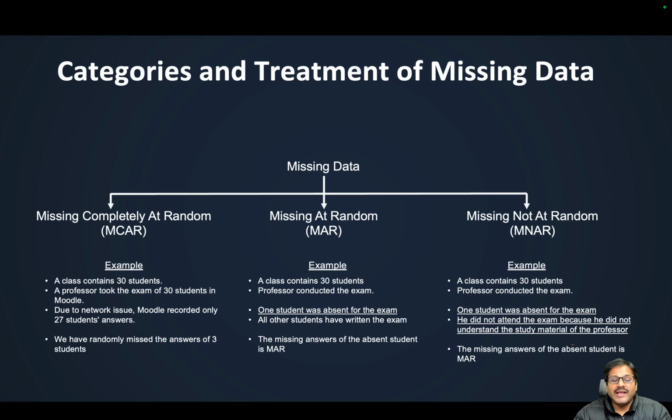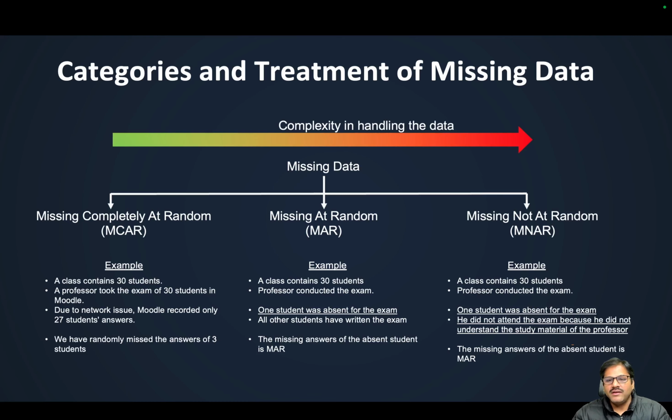Then we call the missing data as MNAR, that is missing not at random, meaning there is a conditional probability that is kicking in for missing the data. So if there is a kind of conditional probability that exists in missing out the data, then we call such data as missing not at random, because there was a condition. We may not know, but there was some condition that kicked in to lose the data. That's a thing you have to keep in mind.